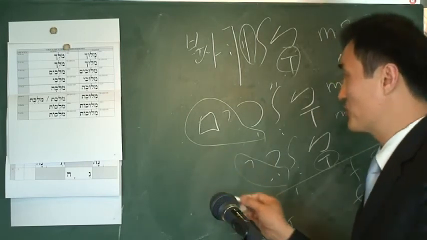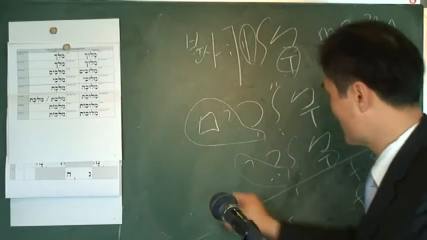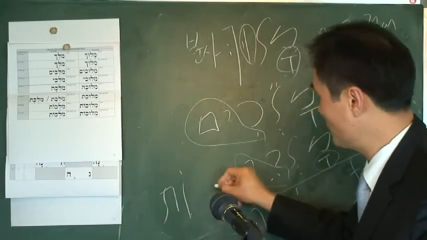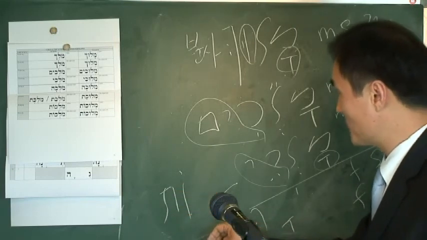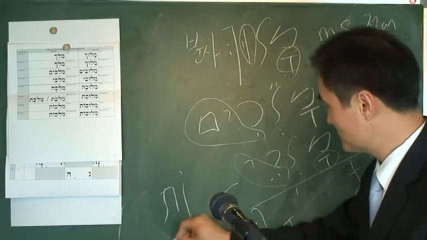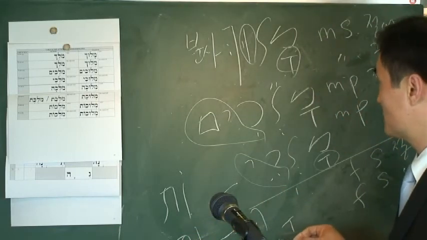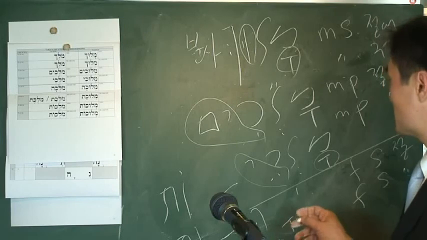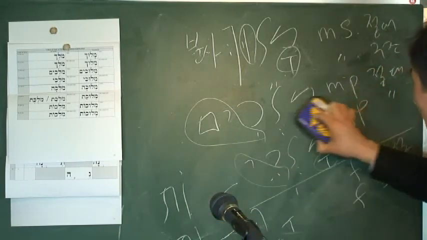In the feminine singular construct, a changes to at. Next, ot is added to the plural. The construct also includes ot.